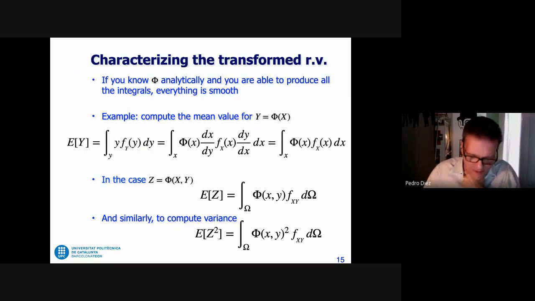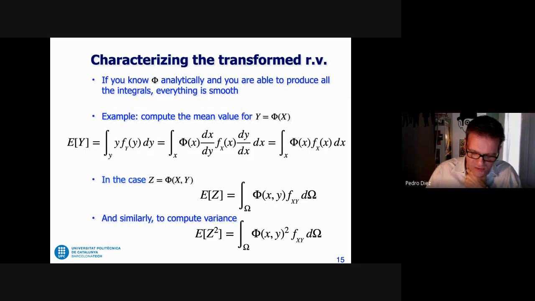The same applies for more complex setups in which, for instance, z is equal to phi of (x, y), because the average of z is also the integral in the original domain omega where x and y lie, of phi of (x, y) times the density function of (x, y). And the same with the square of z.